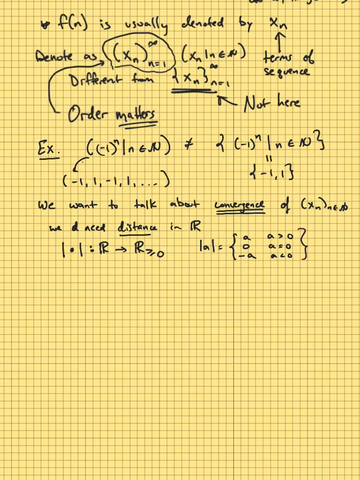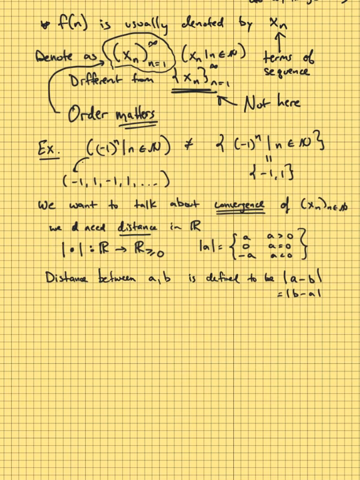So in particular, it's always nonnegative. And then the distance between a and b is defined to be the absolute value of a minus b, which is the same as the absolute value of b minus a.